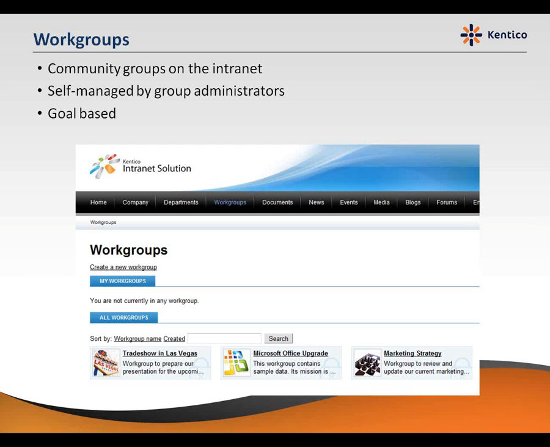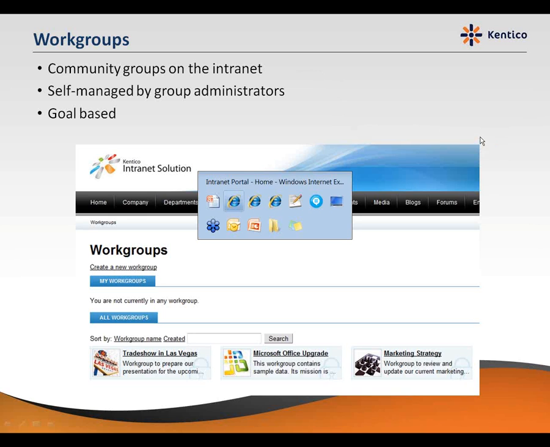And once the project is completed, the work group can even be deleted if it's not needed anymore. So we think of work groups like community groups on the intranet. If you look at work groups, you'll see it's very similar to departments.